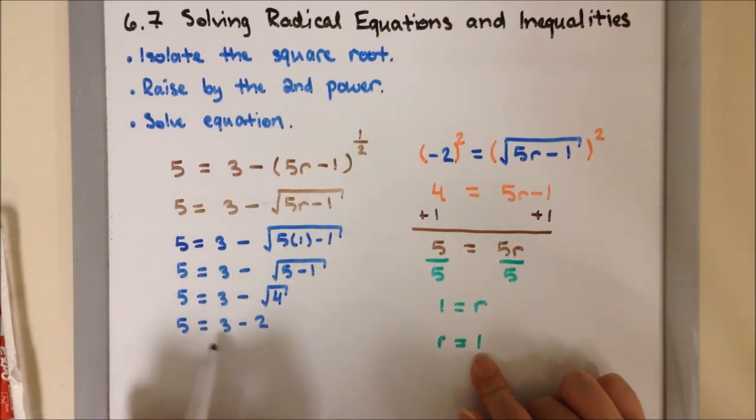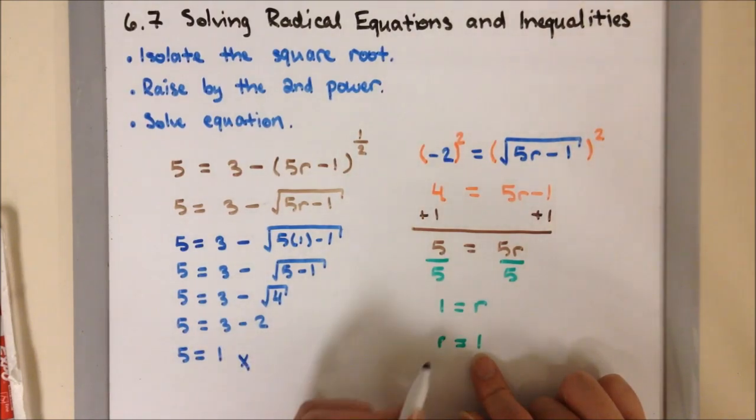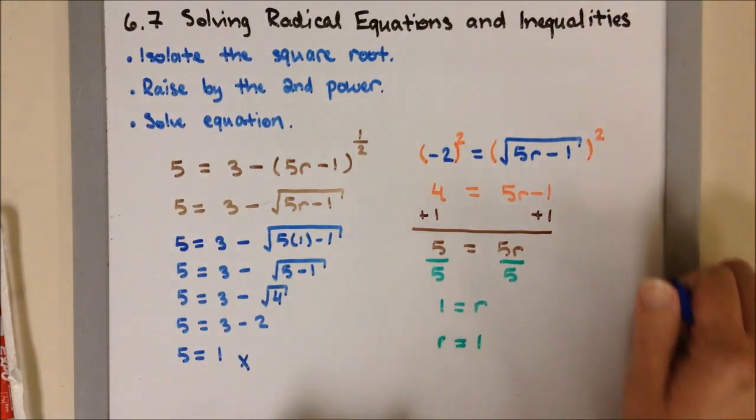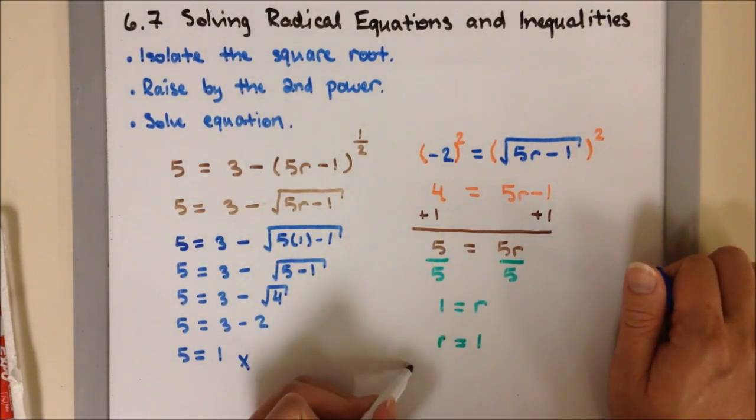And then if you simplify the right side, 3 minus 2 will be 1. If we take a closer look, 5 does not equal 1, nor does 1 equal 5. Both sides do not equal each other, so this is wrong. So r equals 1 is not our final answer, so the only thing we could say is no solution.